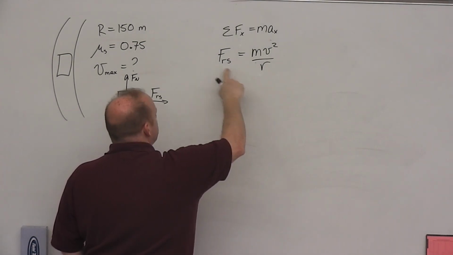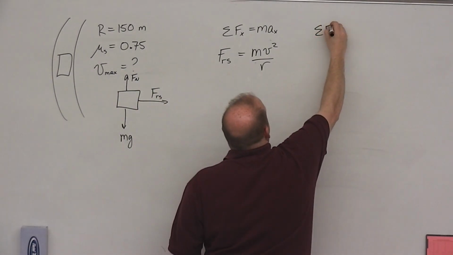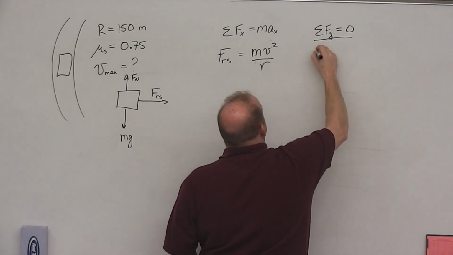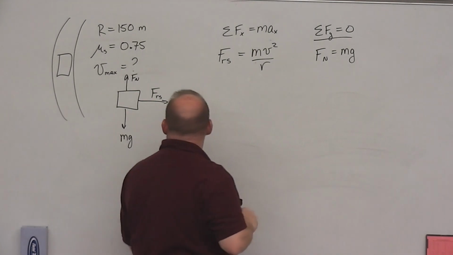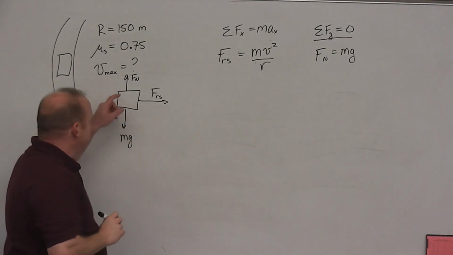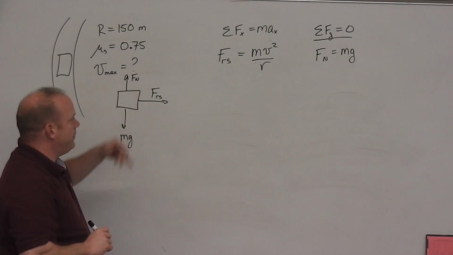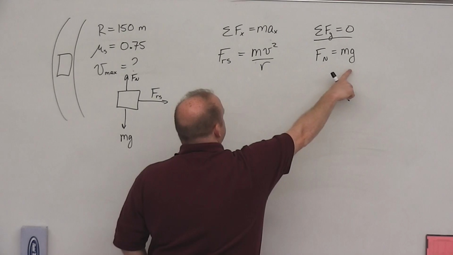We don't know what FRS is, so let's take a look at the y direction. The sum of forces in the y equals 0. Normal force is equal to mg. This is different from the last one because in the last one they were flipped. This is more of the standard kind of setup that you're used to.